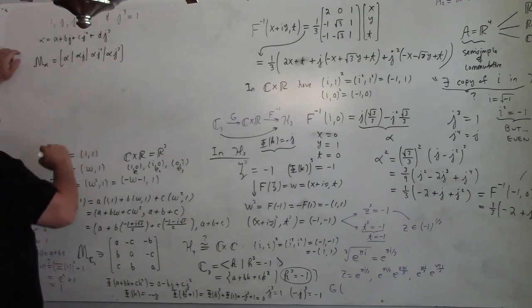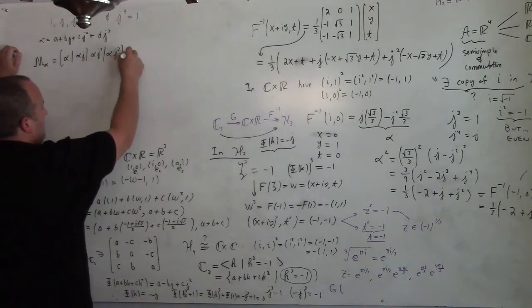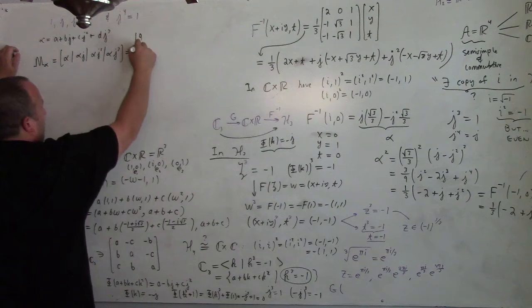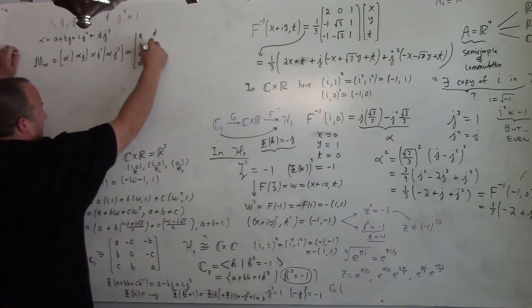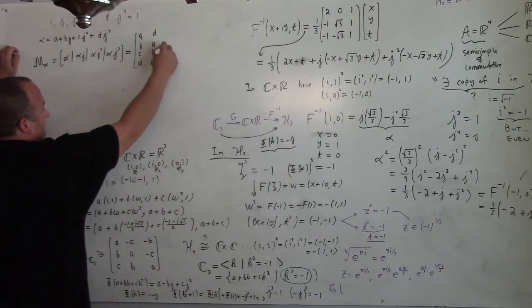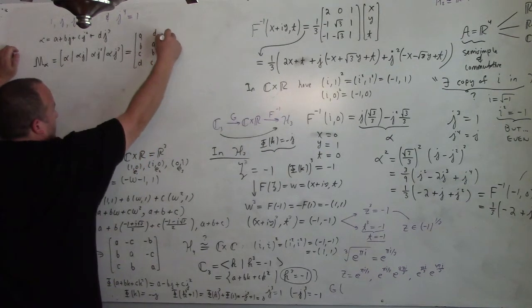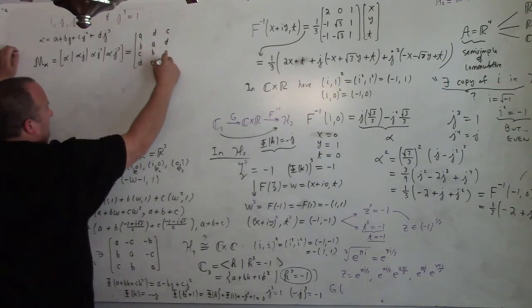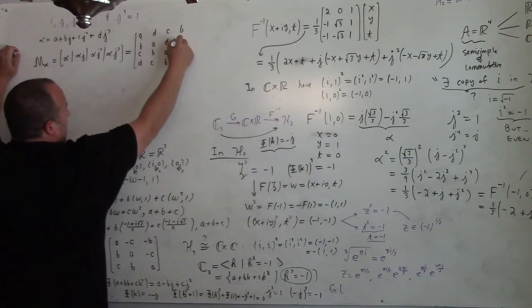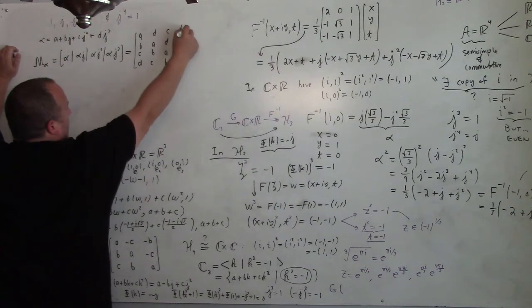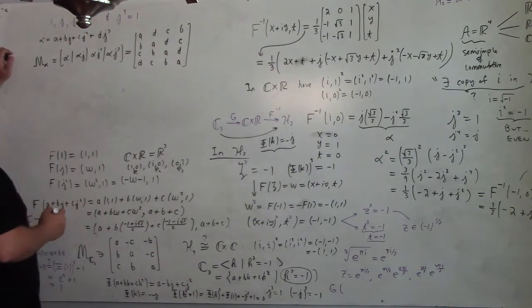It's a 4x4 matrix of the form a, b, c, d, and then the d gets pushed, the a gets pushed down, then the c gets pushed. That's what the regular representation looks like.